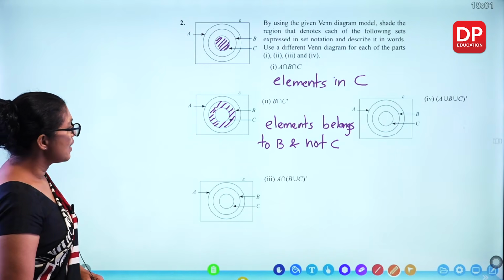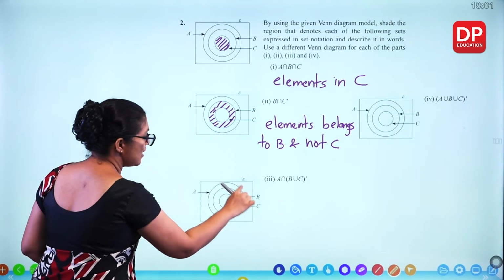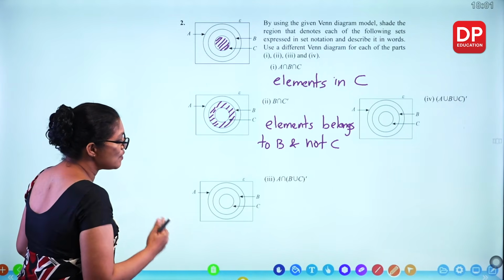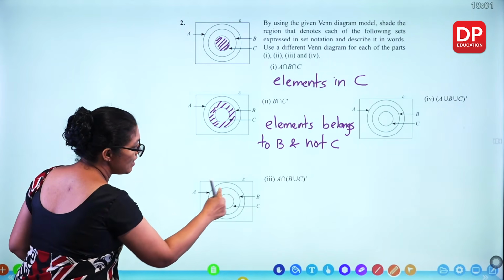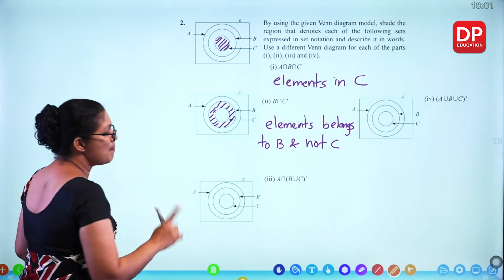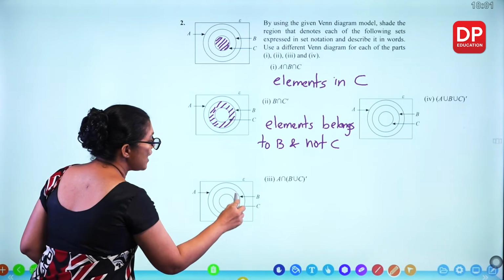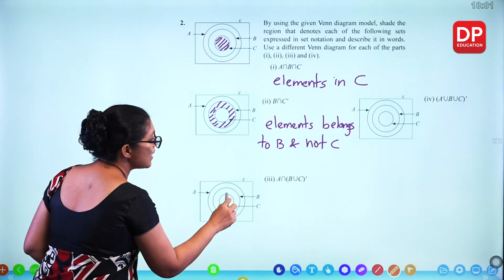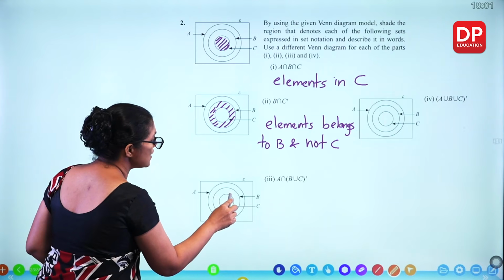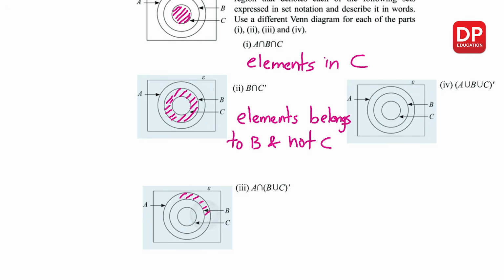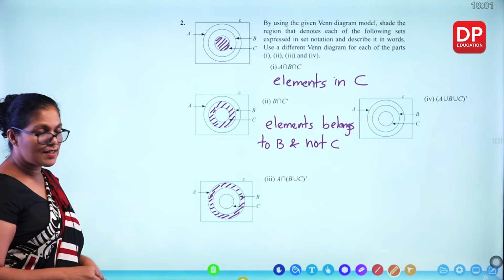3. A intersection, so that means inside A, B union C dash. What is B union C? When you take B union C, everything in B or C. So dash means outside. Outside of that but inside A, you are getting this region. So how can we describe this?